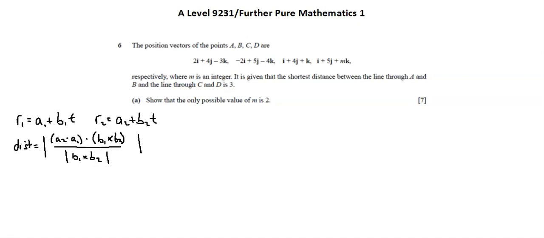Per the requirements, we want the line through A and B and the line through C and D. For the line through A and B, our line equation, I'll call this r1, we'll start at A, 2i plus 4j minus 3k plus t. Here we're going to take the difference of b minus a for i, j, and k.